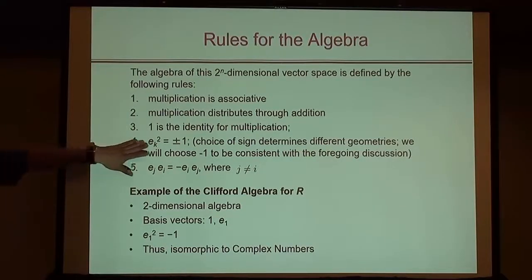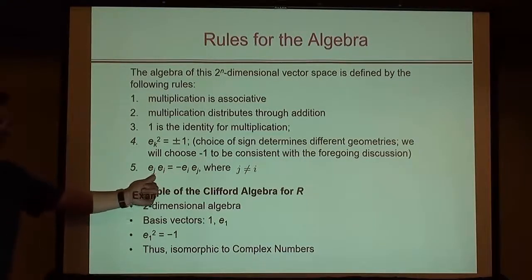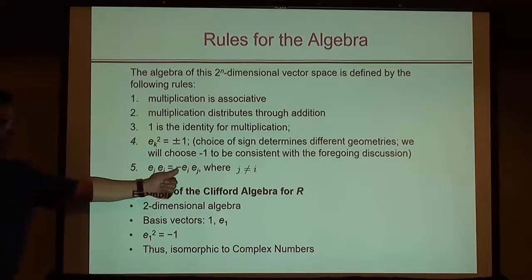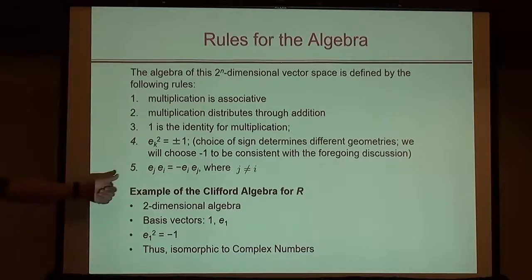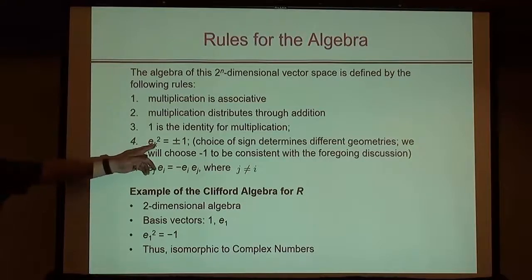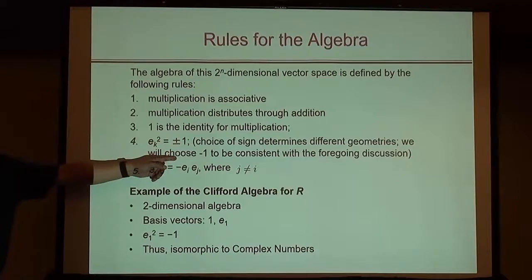But in terms of Clifford algebra, most of the basis vector constraints are the same. If you multiply i times j, it equals minus j times i, with a negative sign, same as quaternion units. And the square of each one can be either positive or negative.